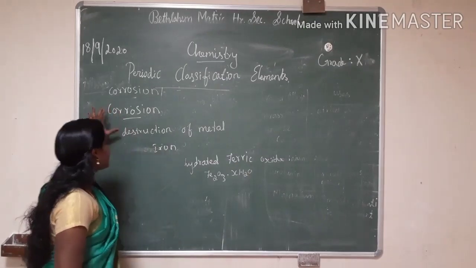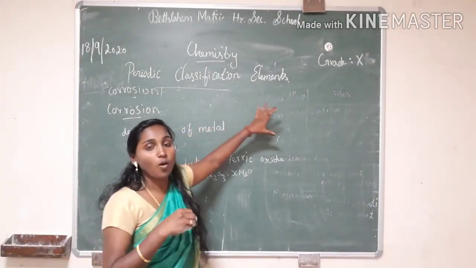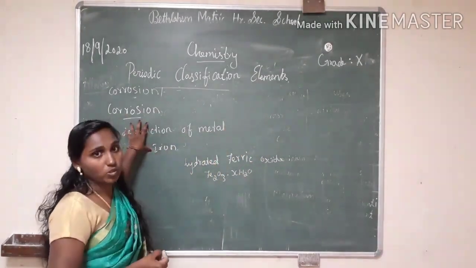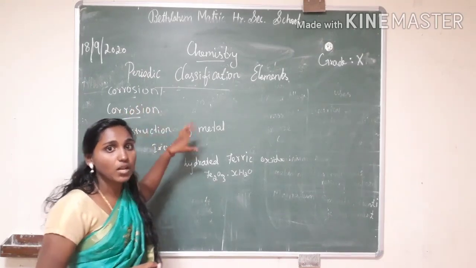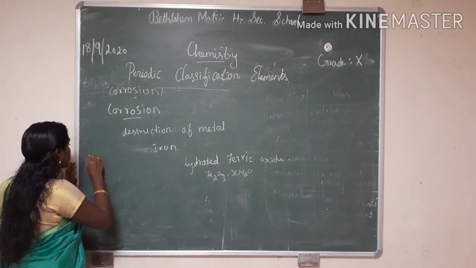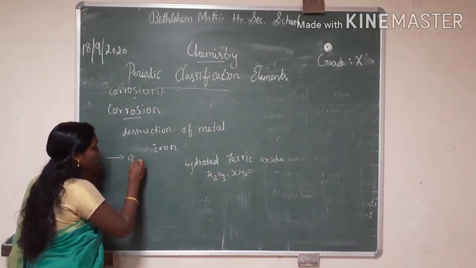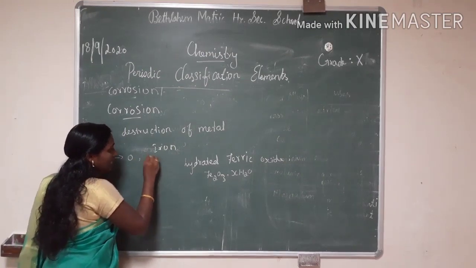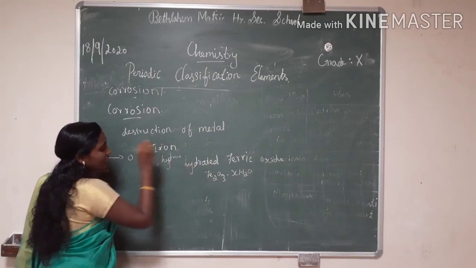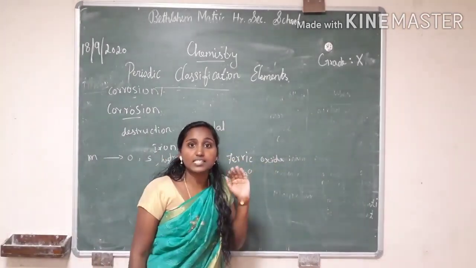So corrosion is a slow, gradual destruction of metal by chemical or electrochemical process. It is a natural process which converts metal into its oxides or sulfides or hydroxides. So an example of corrosion is hydrated ferric oxide, that is rust.